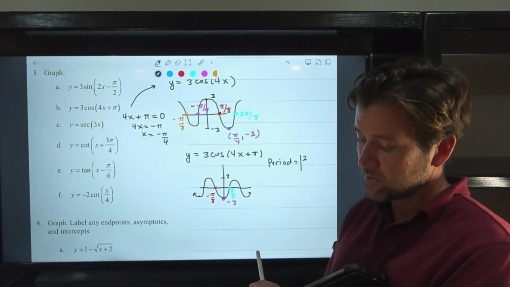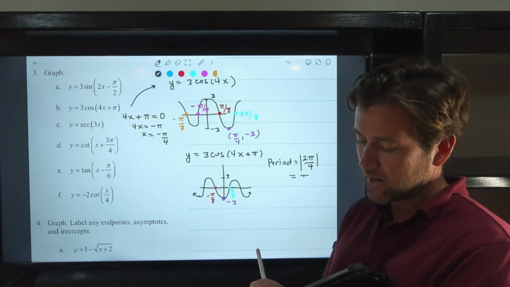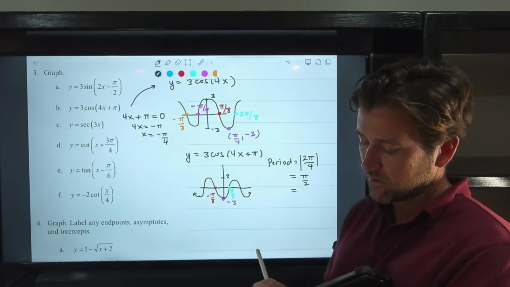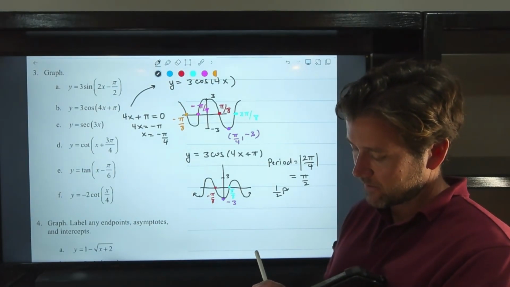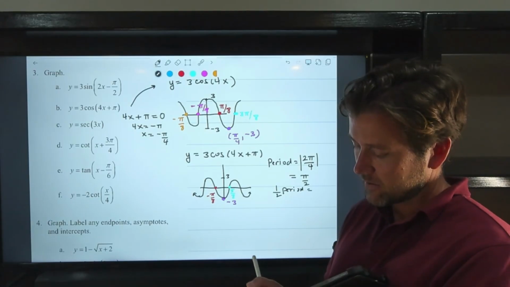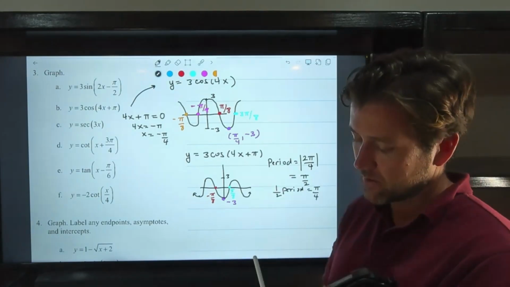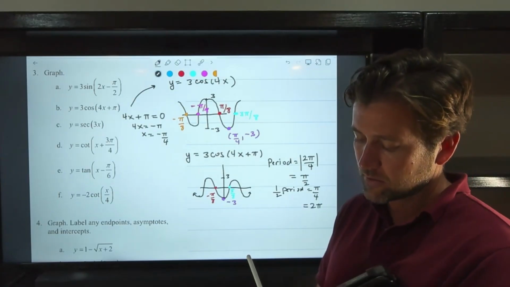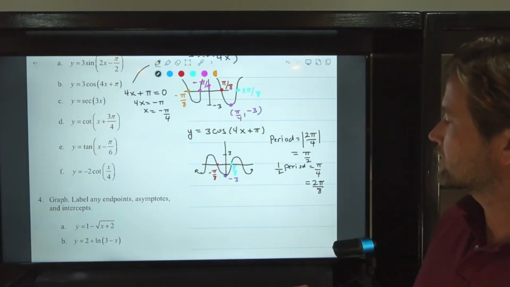You could also use the fact that the period of this function is the absolute value of 2 pi over 4. So that's pi over 2. Half the period is half of pi over 2, which is pi over 4, which is the same number as 2 pi over 8. If I multiply pi over 4 by 2 over 2, I get 2 pi over 8.